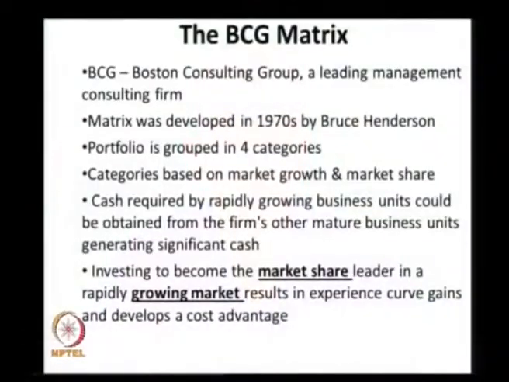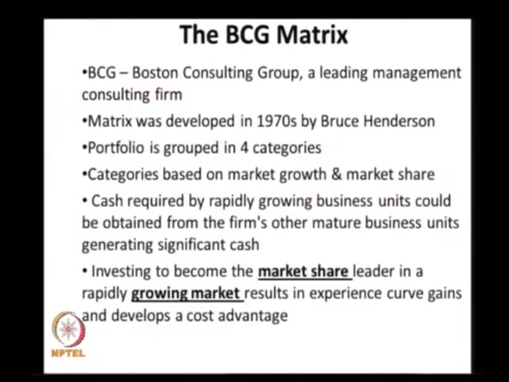To make this relative analysis, let us first take the BCG matrix. BCG is the acronym for the Boston Consulting Group, one of the leading management consulting firms in the world, and this was developed in the 70s by Bruce Henderson from the BCG group.